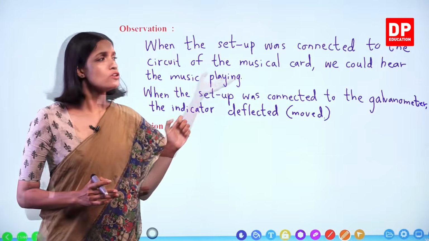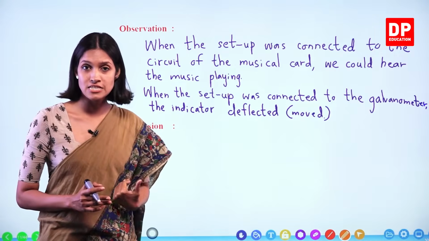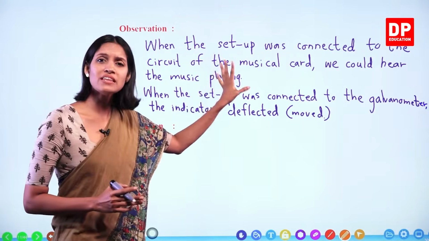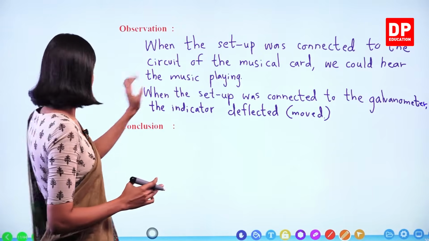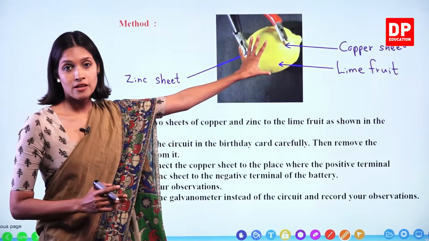So how come electricity flows through the circuits in both the instances, children? That is because of where the electricity is provided from. It was provided from this setup, right?